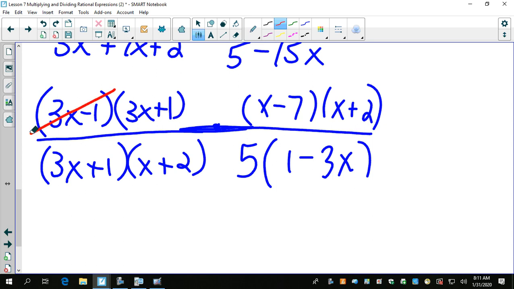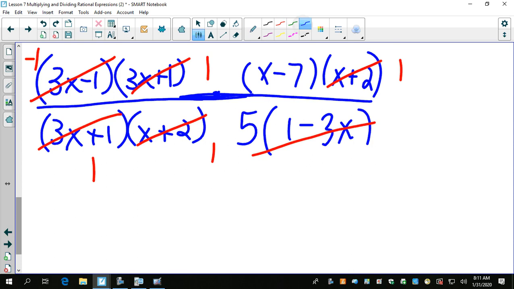This would cancel with this, and where do I put the negative? Yes, on top, 1 negative. You can put it on the bottom if you'd like, but I usually put it on top. What else cancels? 3x plus 1s. What else? X plus 2s. Anything else? No. So what does it look like I have?